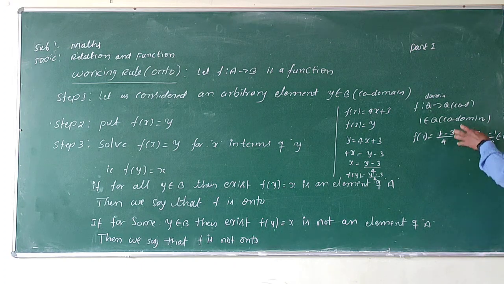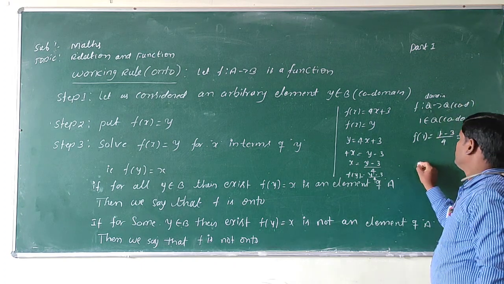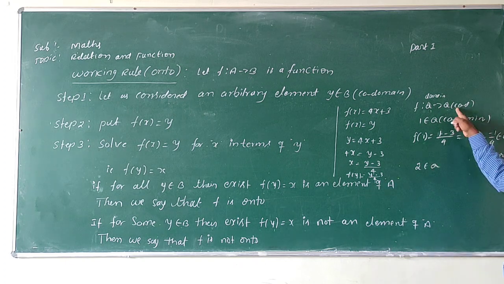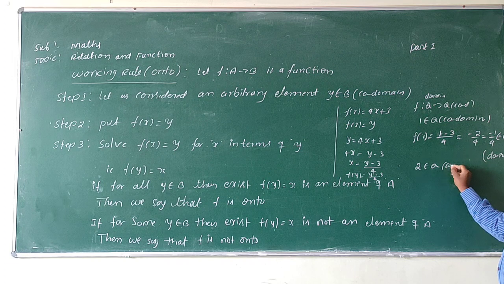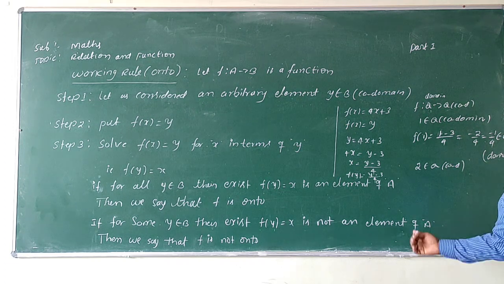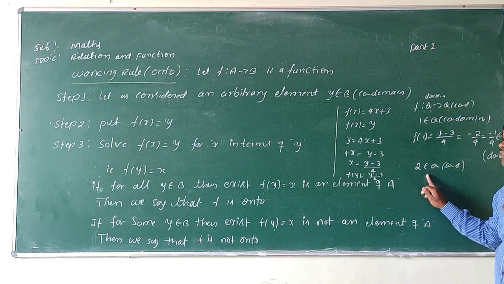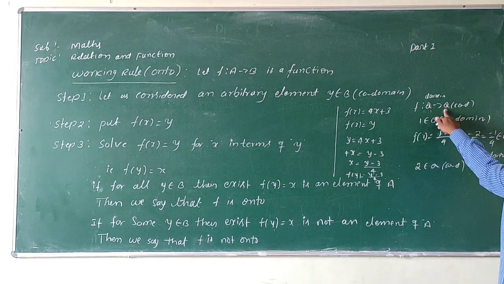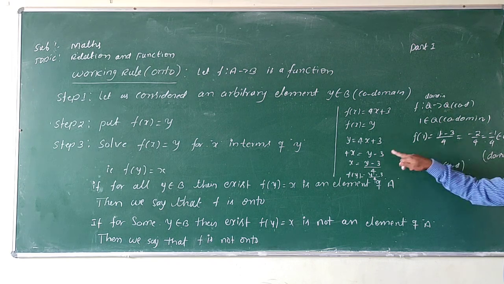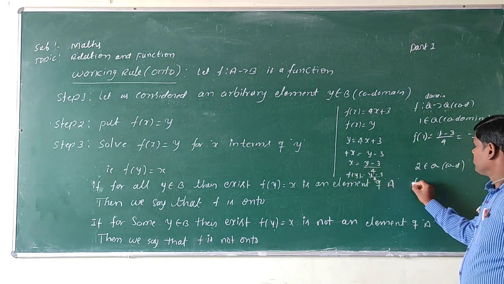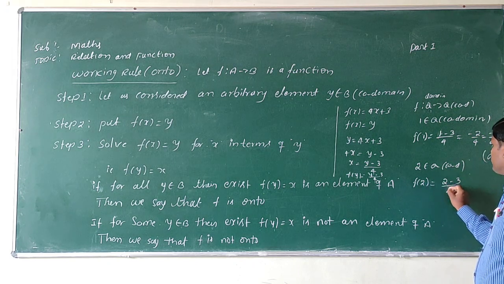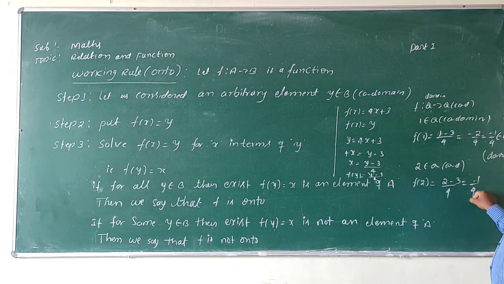Suppose we take any value, suppose I take 2 belongs to Q, that means the codomain. I take any arbitrary element: 2, 3, 4, minus 2, minus 3. Whatever element we take must belong to the codomain. Put y is equal to 2 in this equation. So f of 2 is equal to 2 minus 3 divided by 4, that is minus 1 divided by 4.